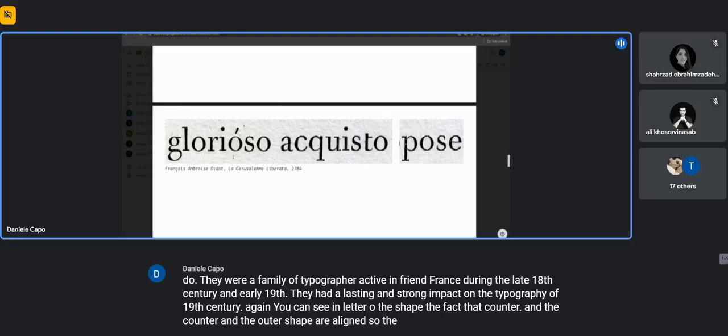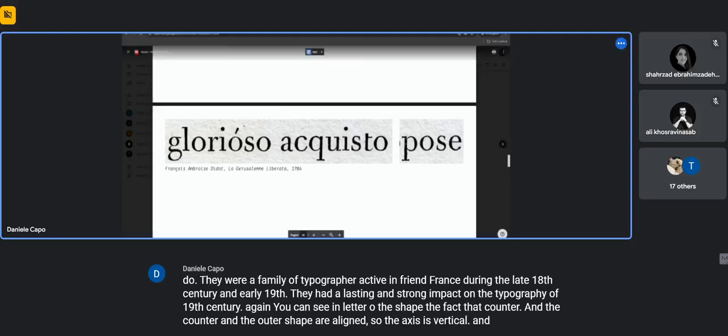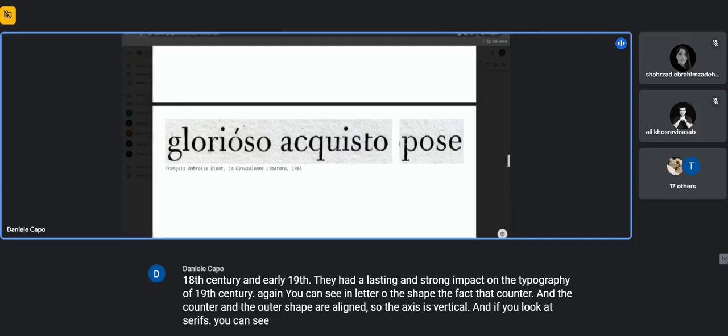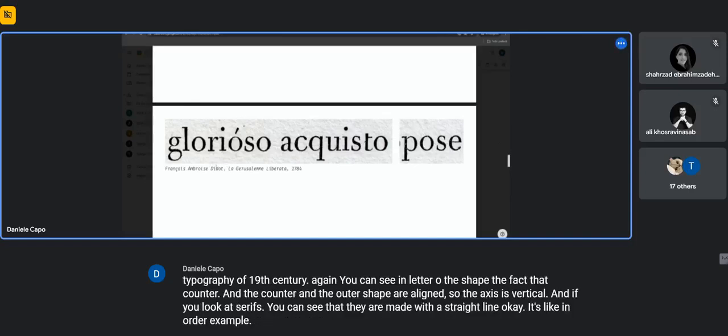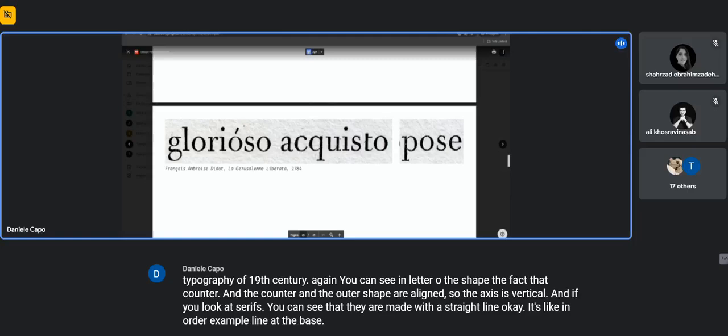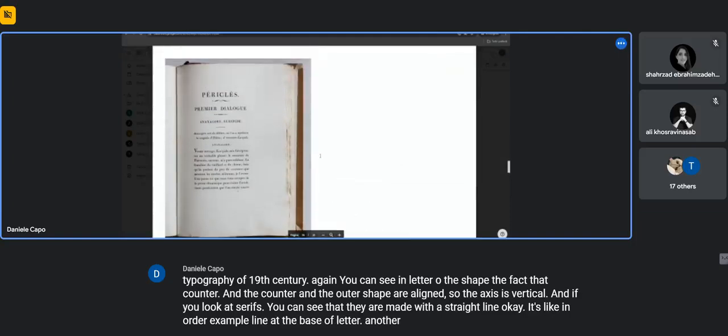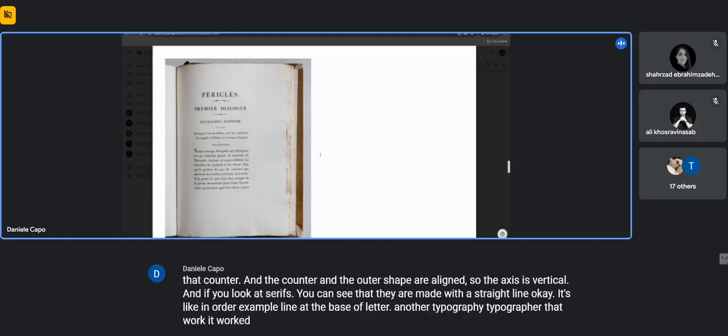So the axis is vertical. And if you look at serifs, you can see that they are made with a straight line. It's like a horizontal line at the base of the letter. Another typographer that worked and made very similar typefaces is Giambattista Bodoni.